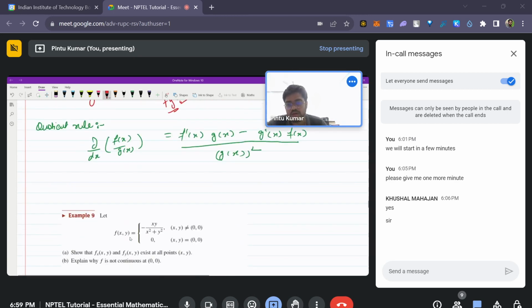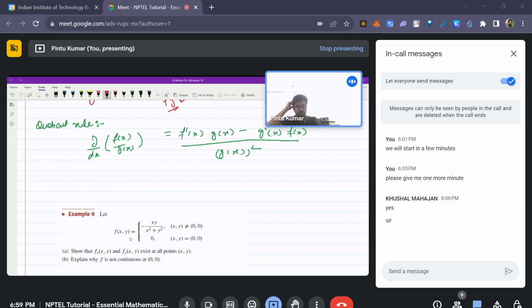Okay. Now, I think most of you must be aware about quotient rule for differentiation. That is, if you take derivative of f of x by g of x, then this is nothing but f dash x, that is derivative of f, into g of x minus derivative of g into f of x, divided by g of x whole square. Okay.